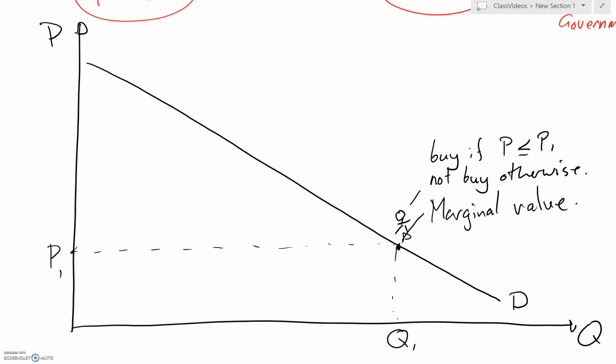But let's think about this if we leave the demand curve here, but instead call this marginal value.